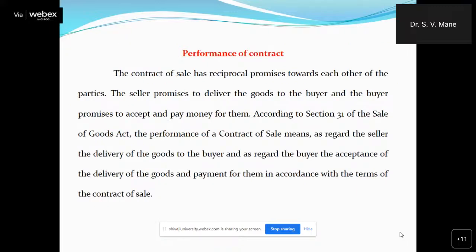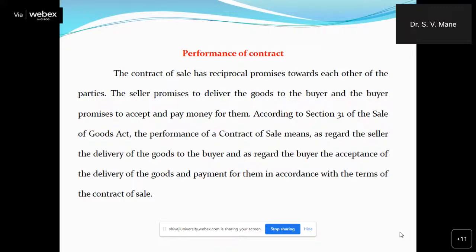Then, performance of contract. The contract of sale has reciprocal promises between the parties. The seller promises to deliver the goods to the buyer, and the buyer promises to accept and pay the money for them.